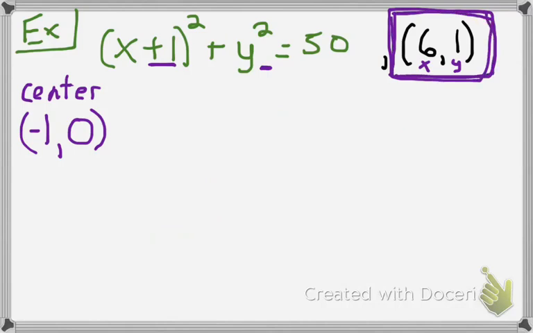Now, you want to identify the center so that we can figure out the slope of the radius. So let's pretend that this is the center of the circle here, and way over here is the point 6, 1. I'll just go ahead and label it.